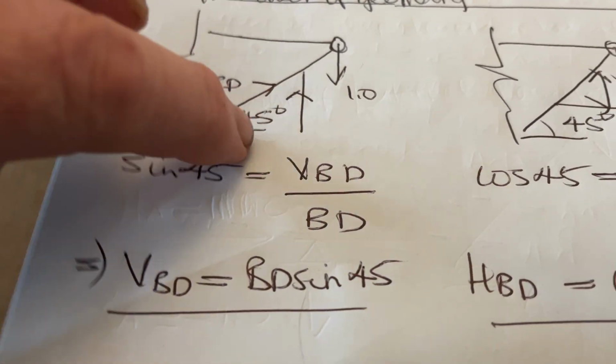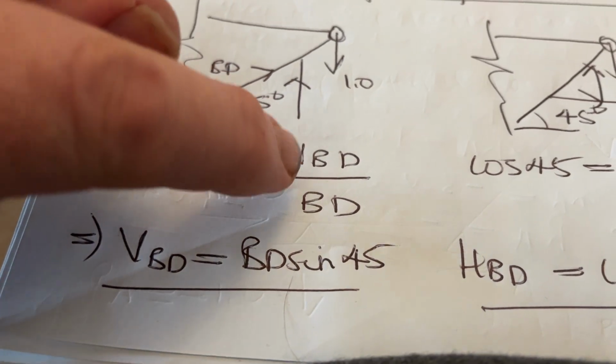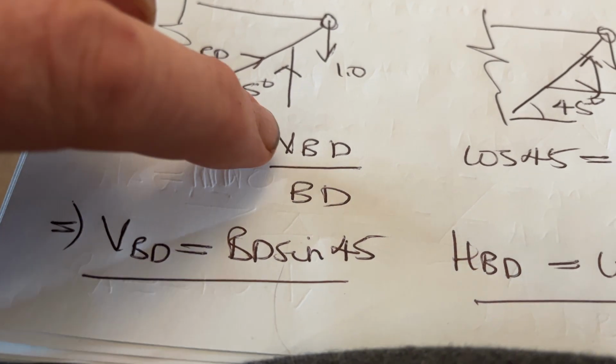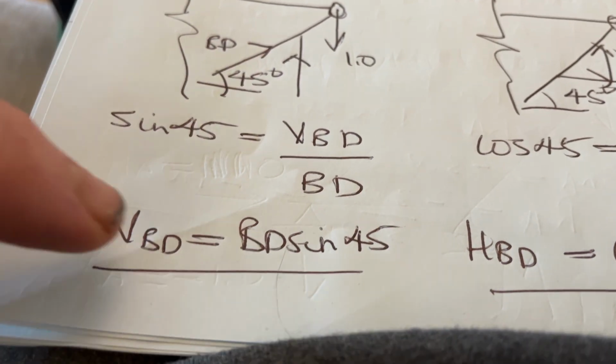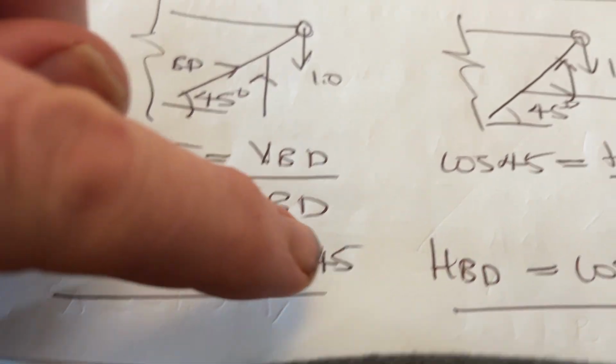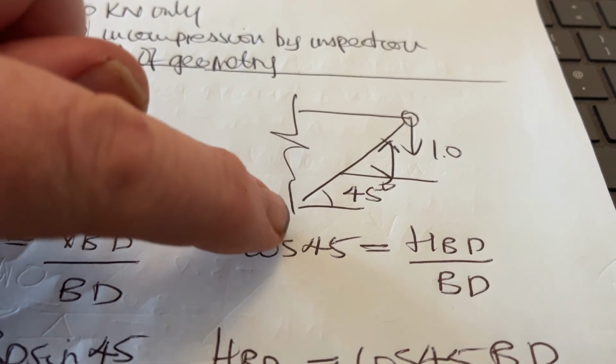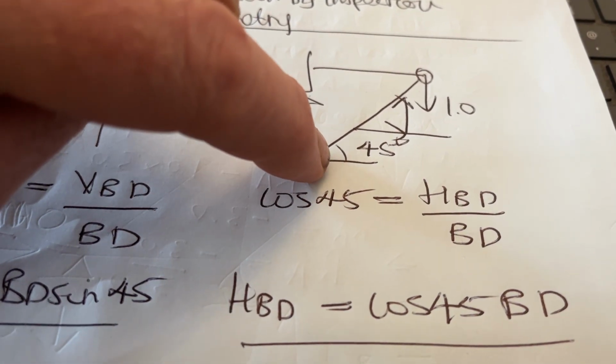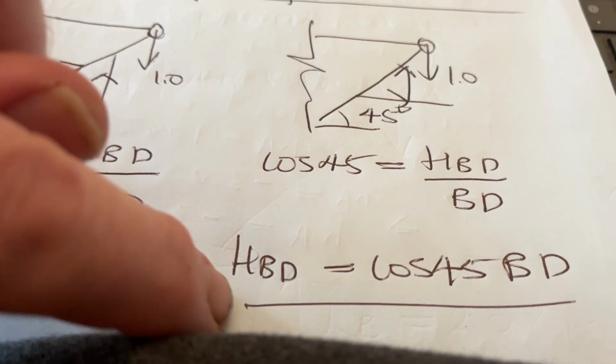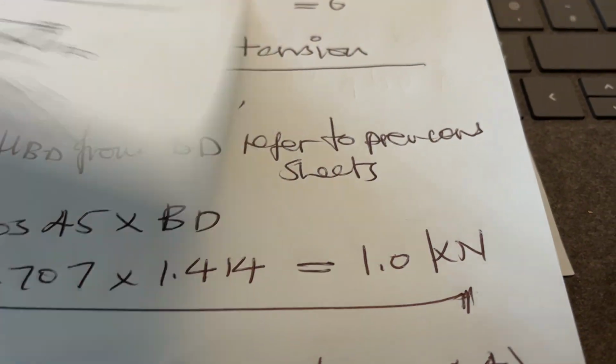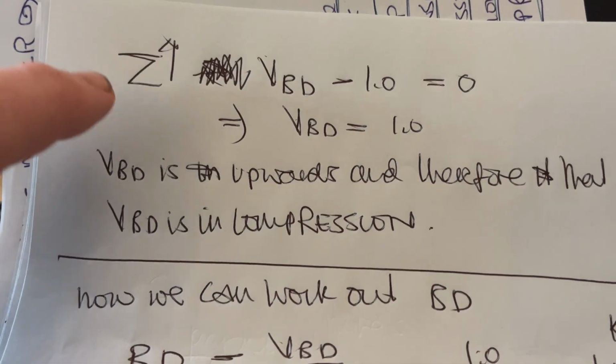So BD is at 45 degrees. Sine 45 equals VBD over BD. VBD equals BD sine 45. Cos 45 equals HBD over BD. That's right. HBD equals cos 45 BD. Right, we're steaming through this.